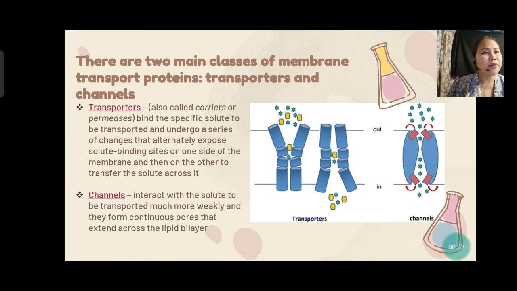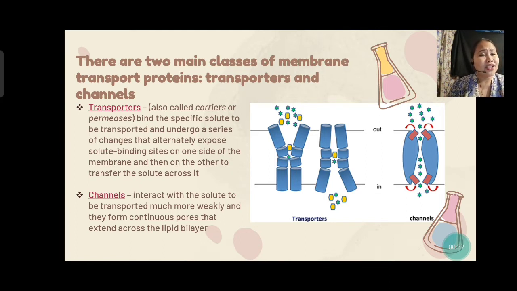Second principle of membrane transport: there are two main classes of membrane transport proteins. These are the transporters and the channels. As I have said earlier, transporters are also called carriers or permeases. They bind the specific solute to be transported and undergo a series of changes that alternately expose solute binding sites on one side of the membrane and then on the other to transfer the solute across it.